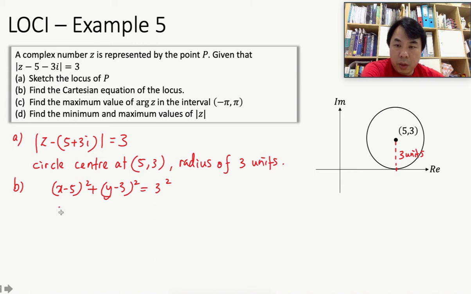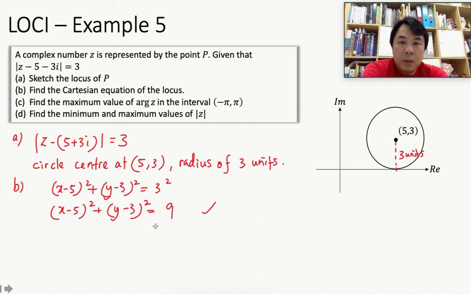Okay, so therefore we have x minus 5 square plus y minus 3 square must be equal to 9. Now that will be the Cartesian equation that represents this locus here. Okay, so I hope that is clear.